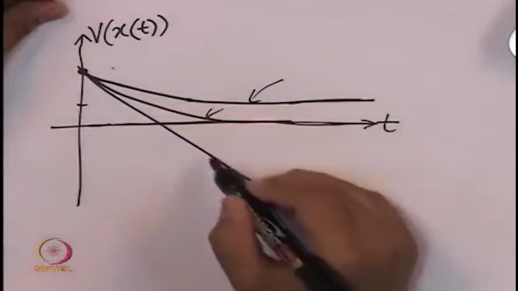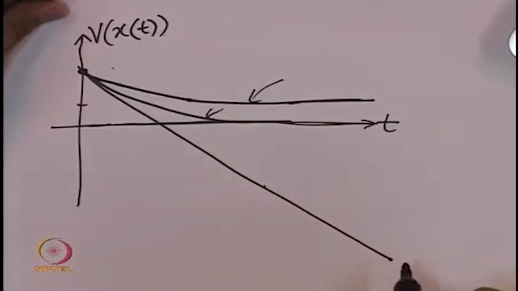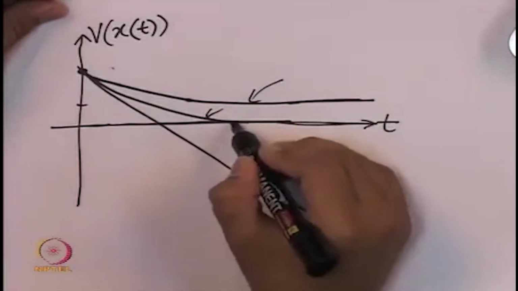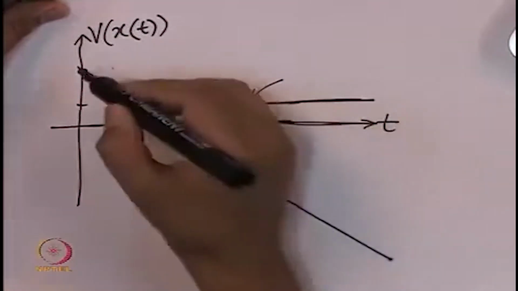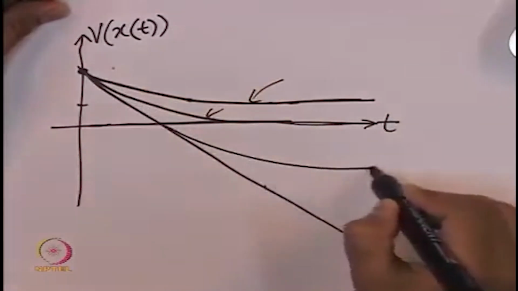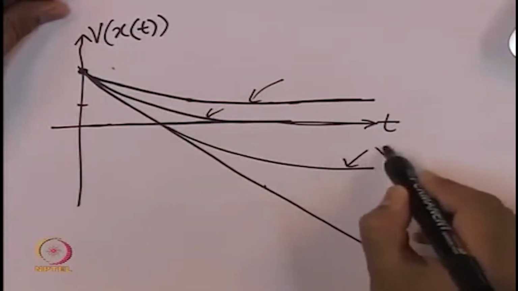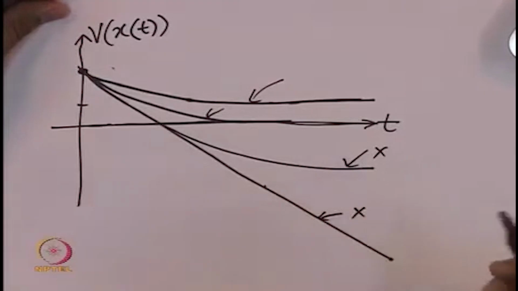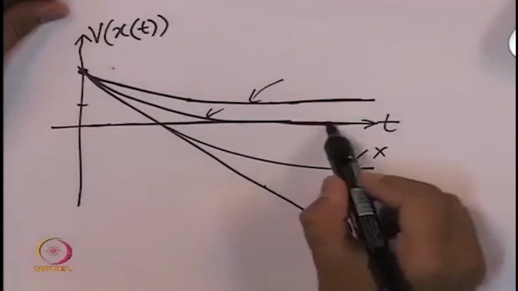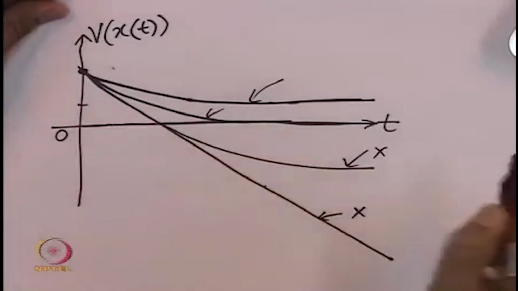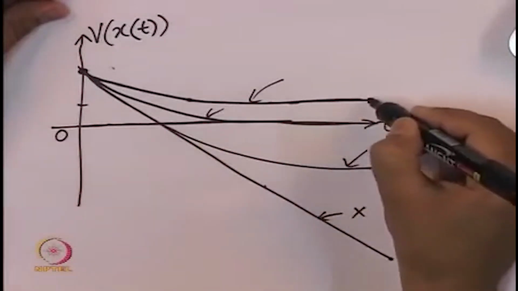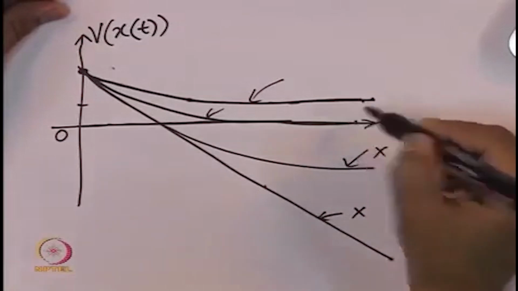It is going on decreasing to arbitrarily small values, or it converges to 0, or it converges to some other value, or of course it can converge to some negative value. This is ruled out, this is ruled out, both because we know that v is bounded from below by the 0 function. Hence it can be only one of these cases.